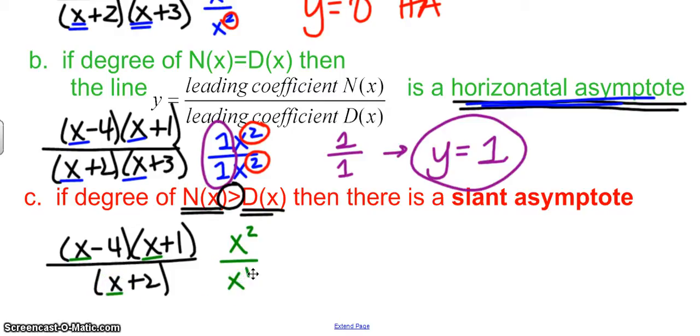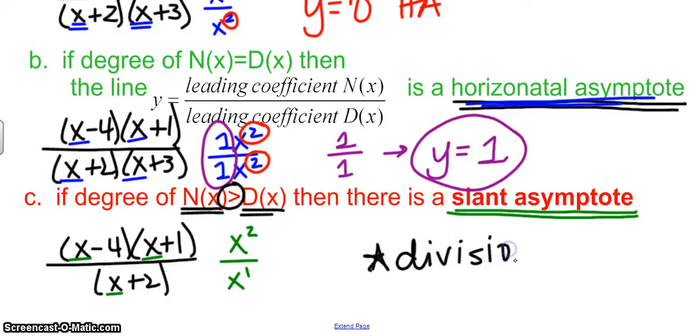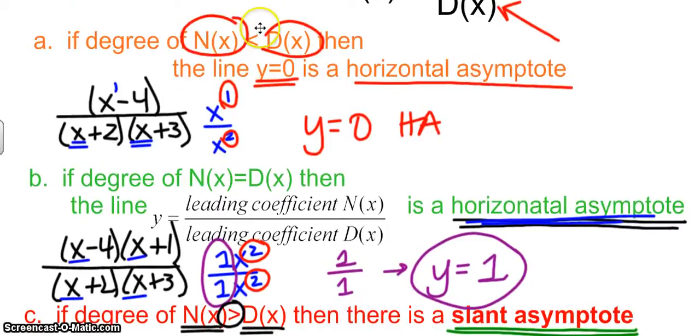This means that there is going to be a slant asymptote, and you have to do division to find it. So some people refer to this as bottom heavy, right? Denominator weighs more. Bottom heavy, y equals 0. Even heavy, y equals coefficients.